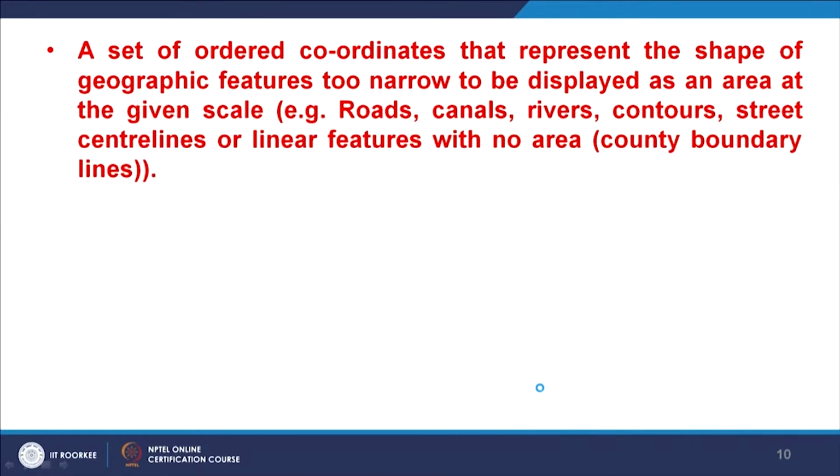Now, a set of ordered coordinates represents the line or a shape or a feature. It will not have width, it will have only the line. That is why it is called a single dimensional entity.